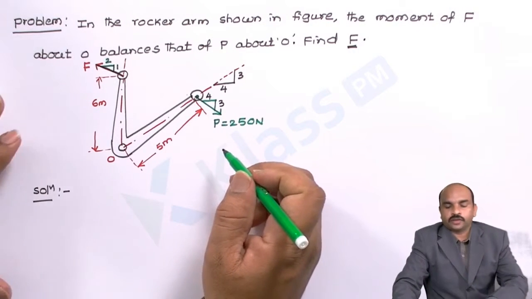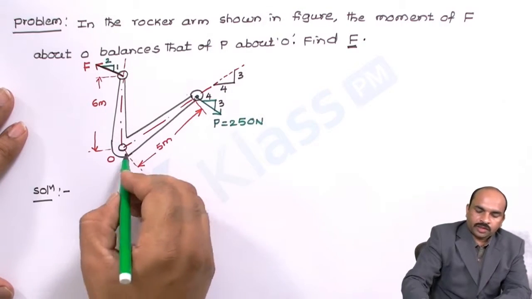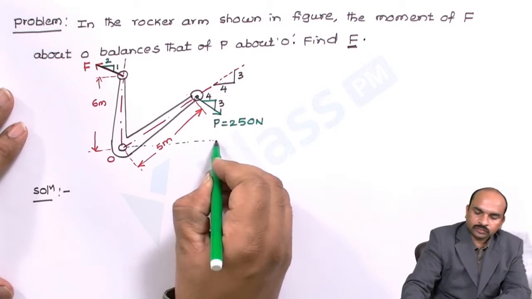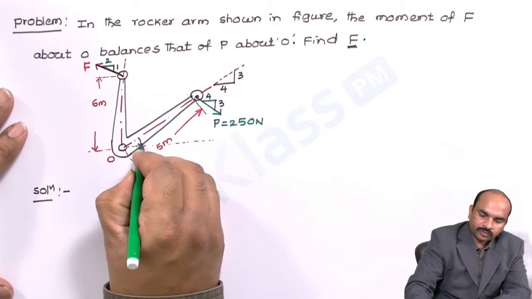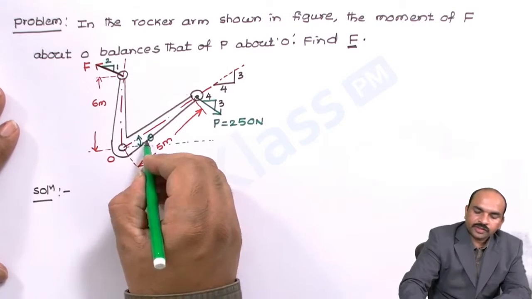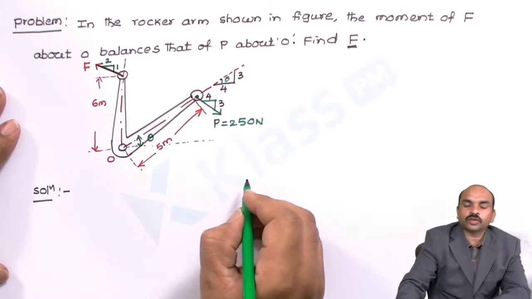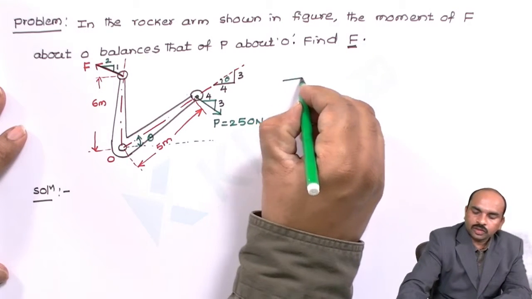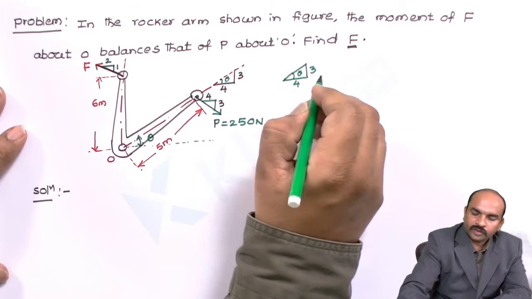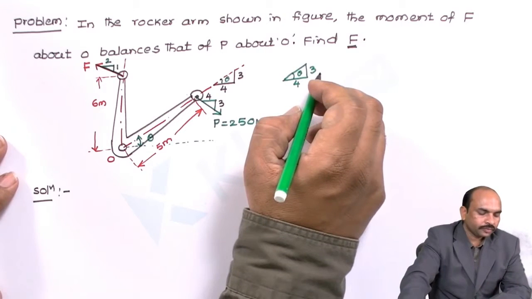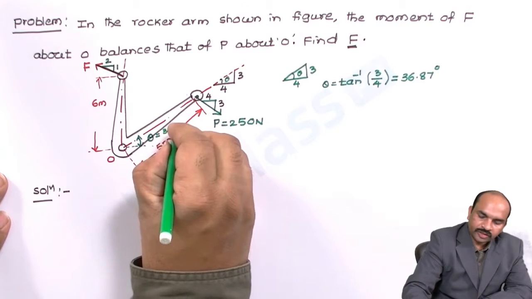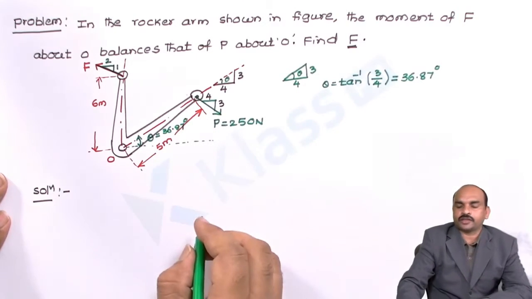See, first we have to calculate this angle, let us say theta. The angle of this theta and this angle are both the same. So let us calculate this angle theta, that is 4, 3, 36.87 degrees.